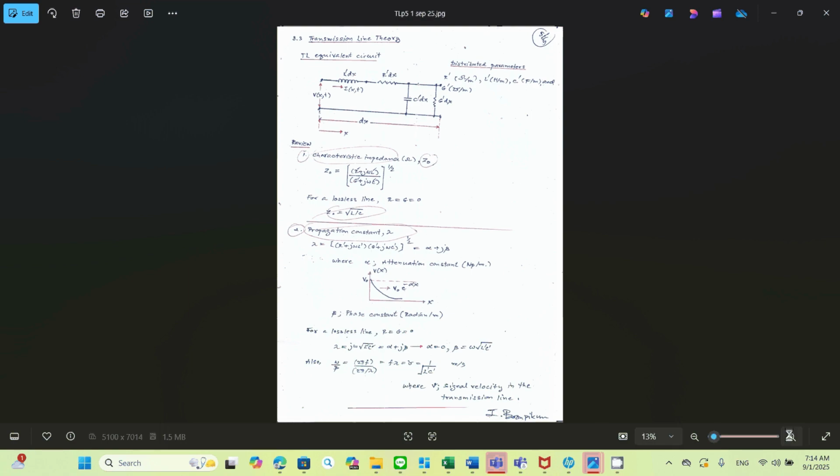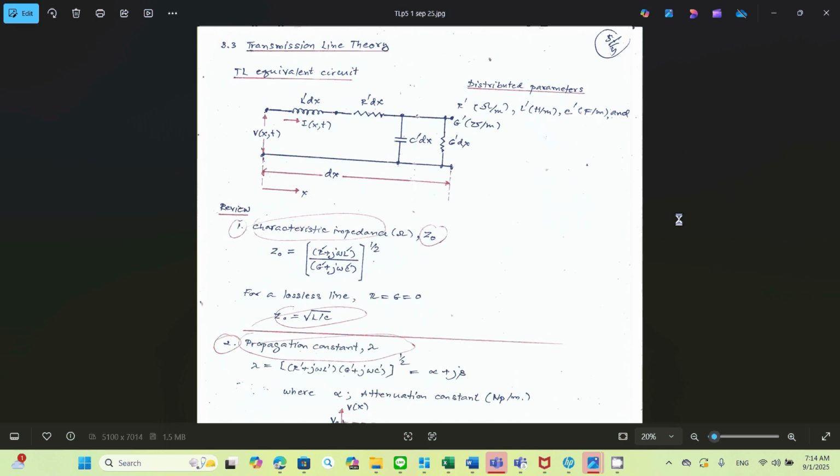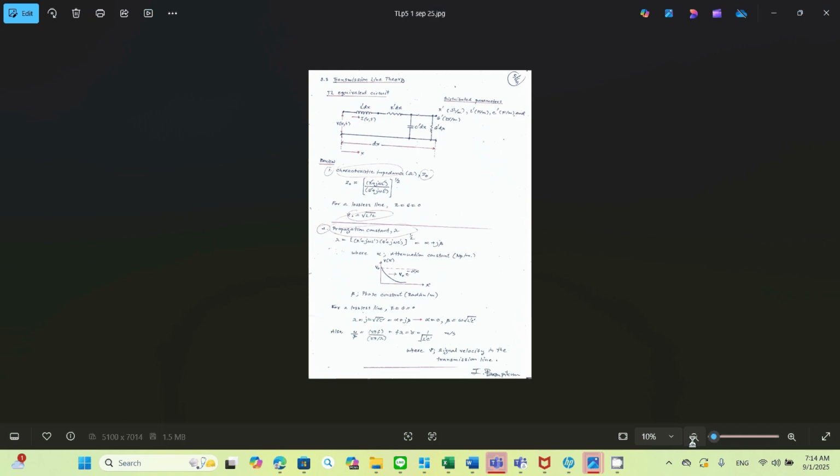I'm going to break my lecture about the transmission line into many series, so it's not going to be too long, in terms of how the transmission line works and what your goal is.